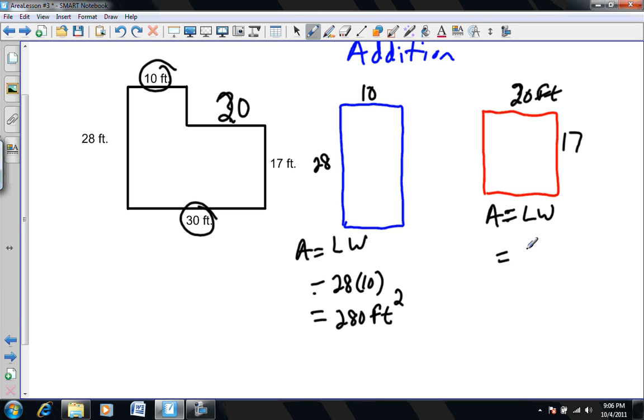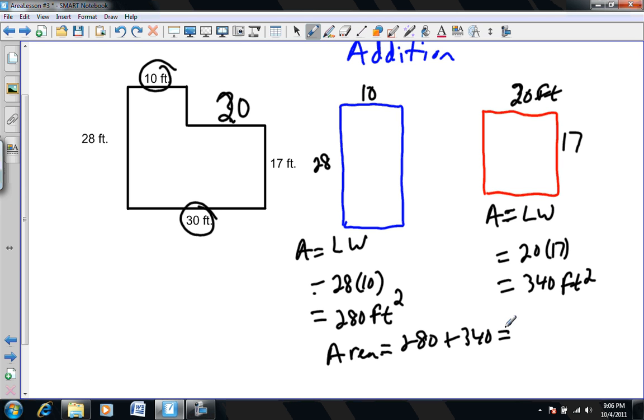The red rectangle has an area, doesn't seem like it's going to be right, but 20 times 17 is 340 square feet. And if I add the two together, my final area is going to be 280 plus 340, which turns out to be 620 square feet. So I found the area of this particular object by using addition as a strategy.